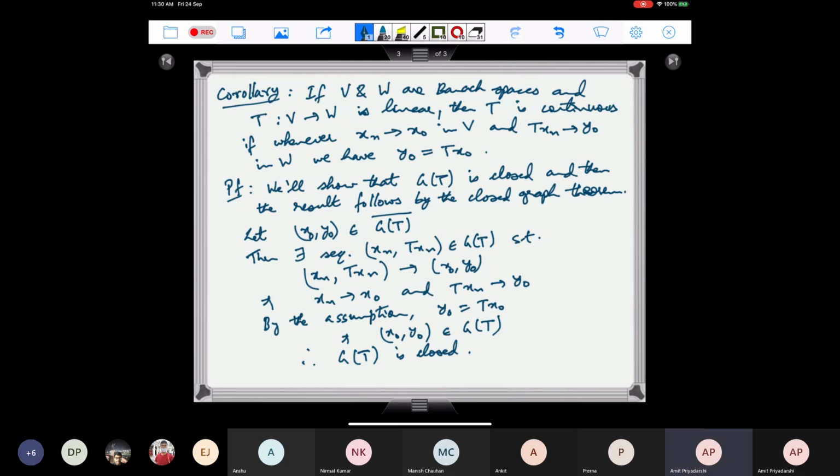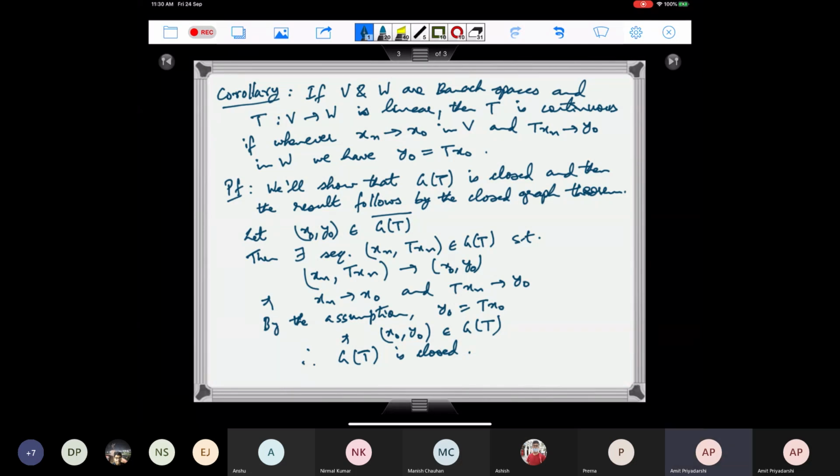That will imply that T is continuous or a bounded operator. And in fact, you can also assume that xn converges to 0 and Txn converges to some y naught, and then prove that y naught is equal to 0. Because if xn converges to x naught, then xn minus x naught converges to 0.